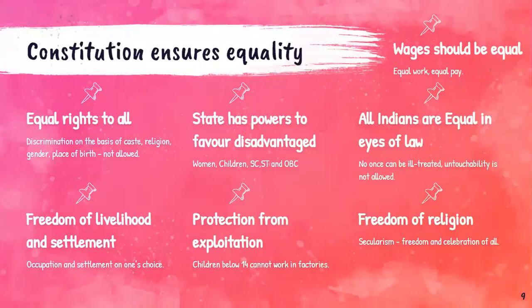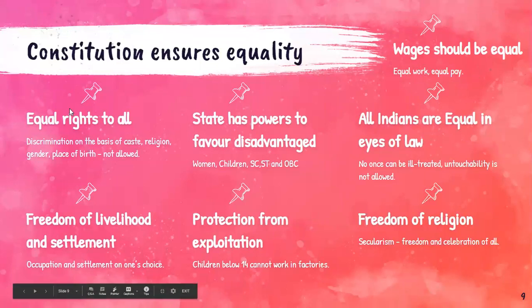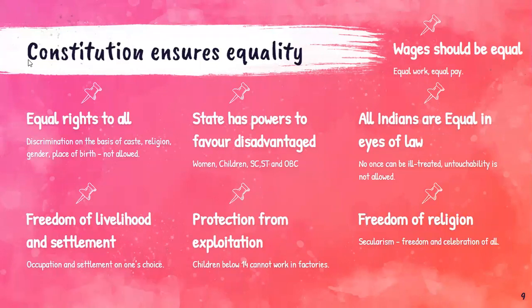Next, students, you have how equality is ensured in our country. When I say that the constitution ensures that everyone is equal, what is the constitution? The constitution, students, is the backbone of India.